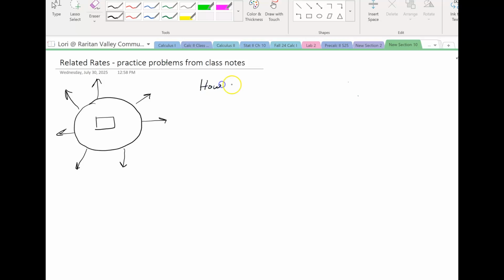So for this one, you've got this oil rig, and then the oil is spreading out circular and increasing. The main question is, of course, how fast is the area of the oil spill increasing?